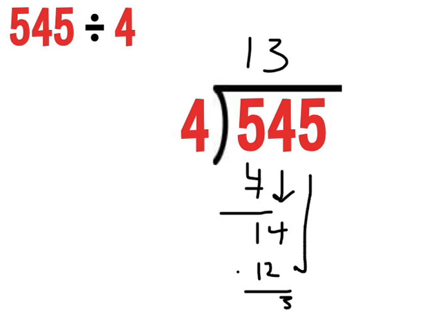Bring down the 5. And 4 fits into 25 6 times, which is 24. And we have 1 left over, which means that our 1 becomes our remainder.